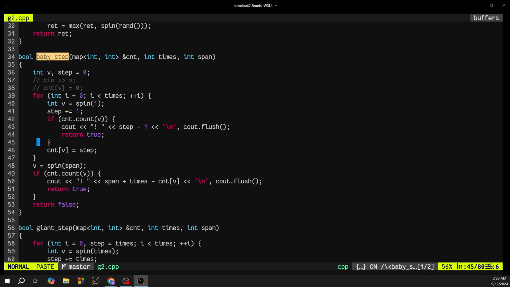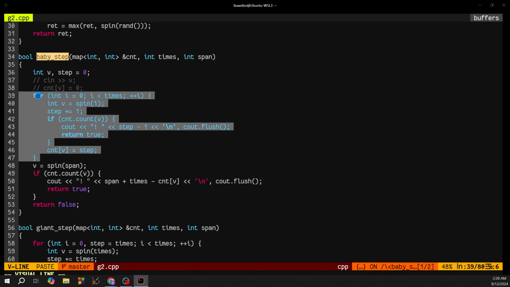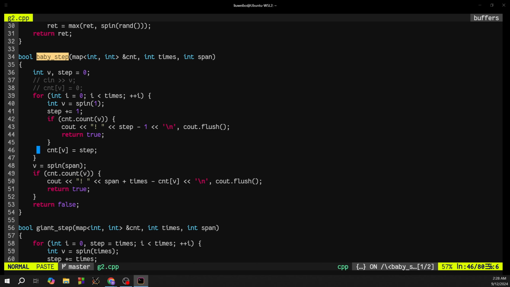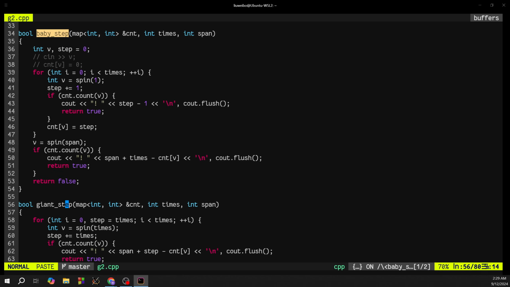And then after we finish the baby step and didn't find any loop, we jump this wheel by this span number, such that the gigantic part of the wheel has been spun over, and we can focus on the missing part there. So if we're lucky enough at this span, we would directly get the answer and we return true. Otherwise, we return false and continue the gigantic step there.